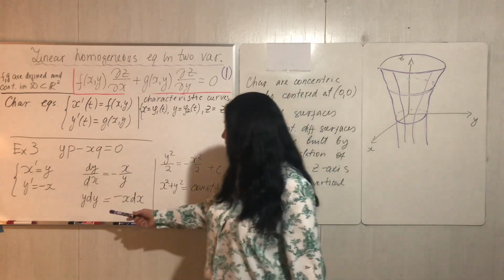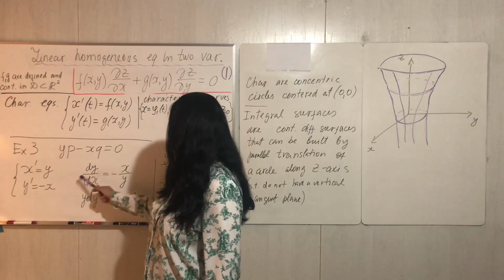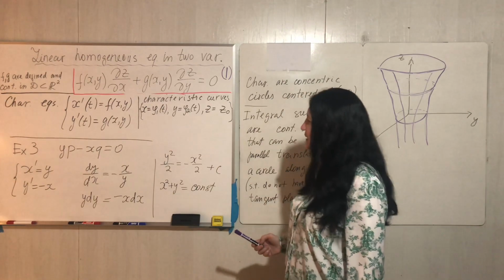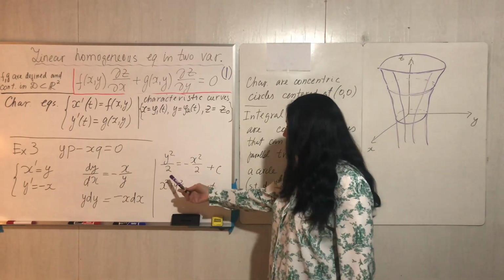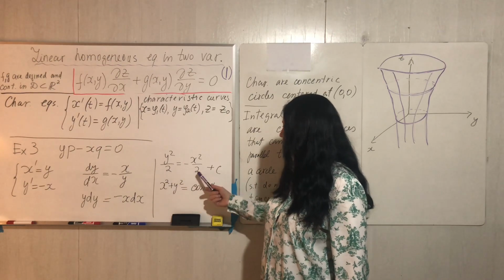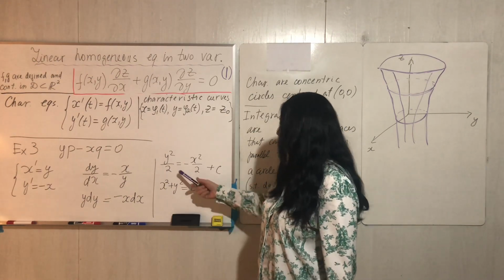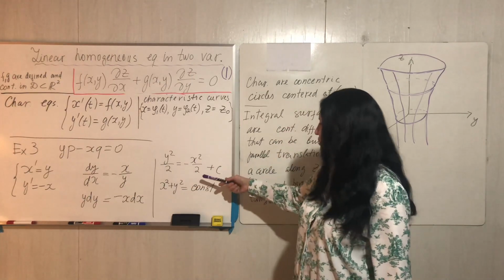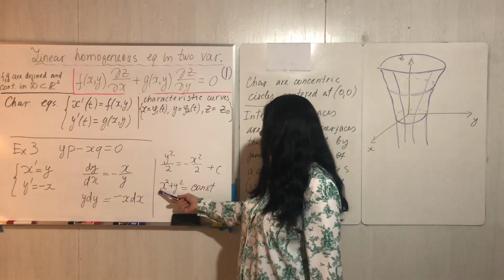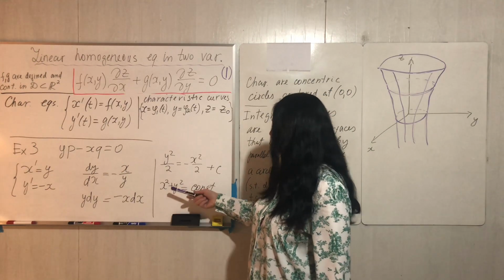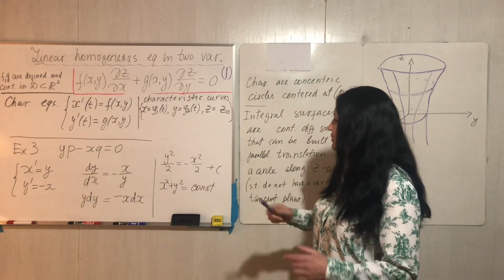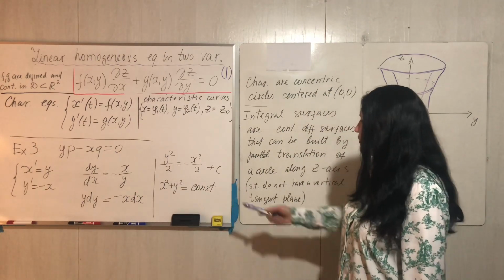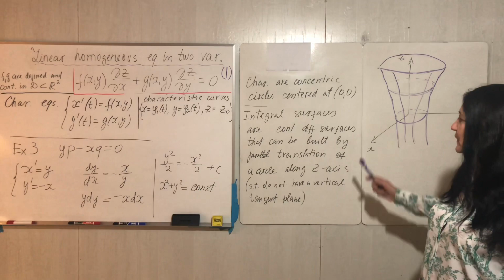Then separating variables, we have y dy plus x dx equals 0, and after integration we get y squared over 2 plus x squared over 2 equals c, and so our curves will be x squared plus y squared equals constant. So we have concentric circles centered at the origin.